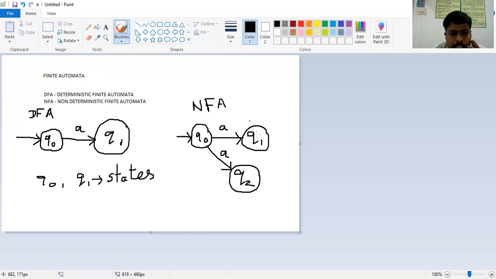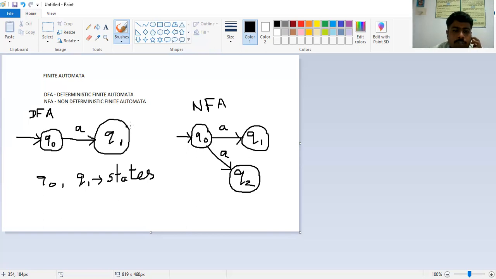This input is also a. So when I read the input symbol a, it reaches more than one state, that is called NFA. So this type of transition diagram should be called an NFA. Kindly remember, whenever we read the input symbol and it reaches only one state, that is called DFA. When it reads the input symbol a and reaches more than one state, that is called NFA. This is the major difference between NFA and DFA.